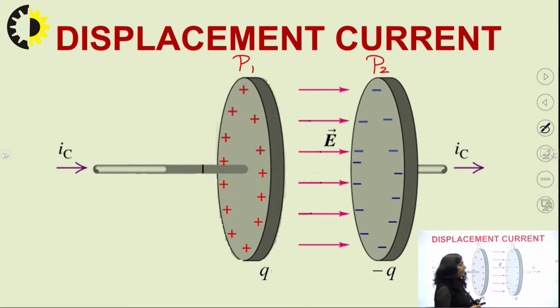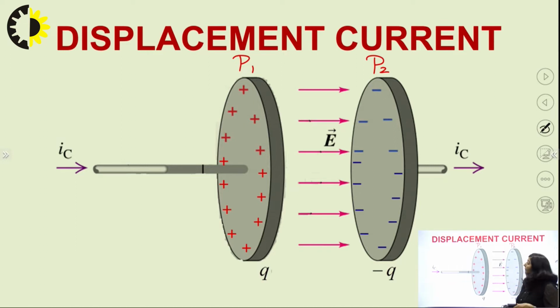So when you are charging these two plates of the parallel plate capacitor, there is no actual flow of charge between P1 and P2. If there is no actual flow of charge, then there cannot be ordinary conduction current, which we know is due to flow of charge. Since there is no actual flow of charge between these two, there cannot be conduction current in between these two plates.